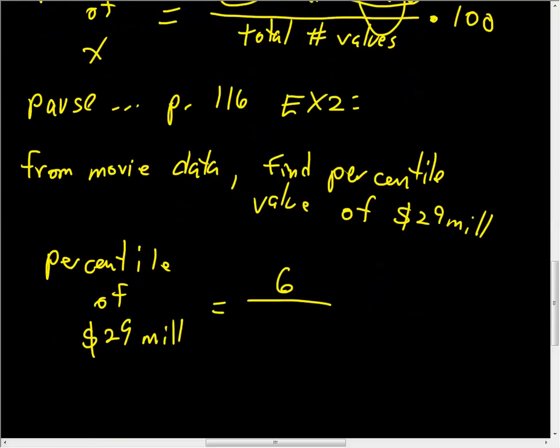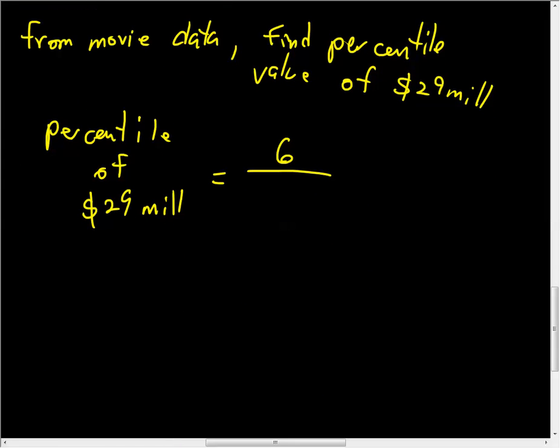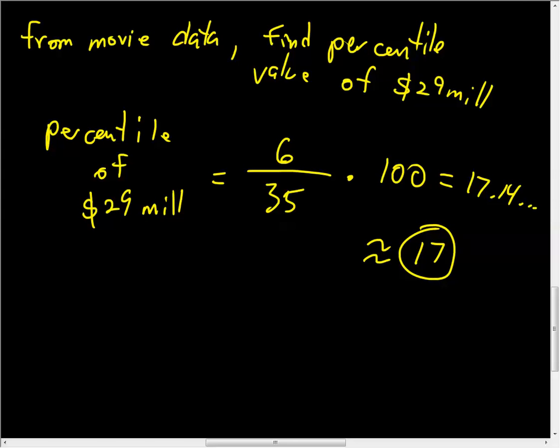Thankfully, this data set is already sorted for us. There are 35 total values. So I take that fraction and multiply it by 100 to turn it into a percentage. I get about 17.14 and change, and we round it to the nearest integer when computing percentiles, as stated in the book.